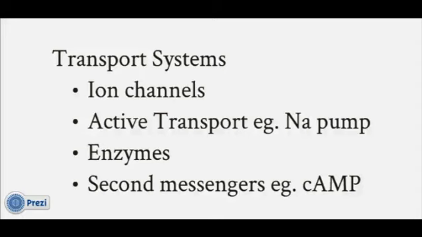The most common second messenger is cyclic adenosine monophosphate, also known as cAMP. This second messenger is formed by utilizing ATP, that is energy, and the final product, cAMP, leads to a physiological effect within the cell.